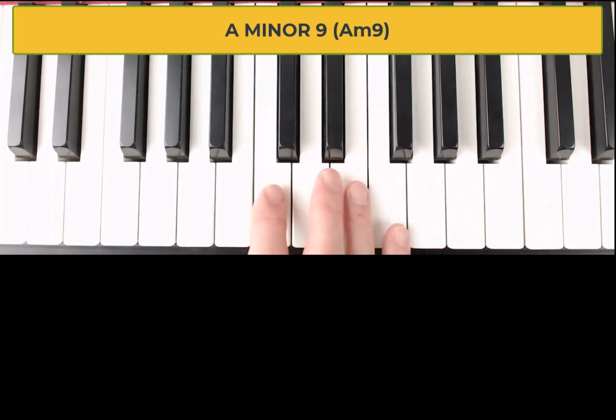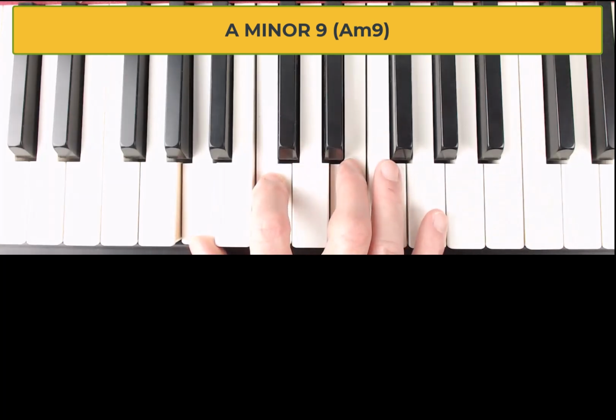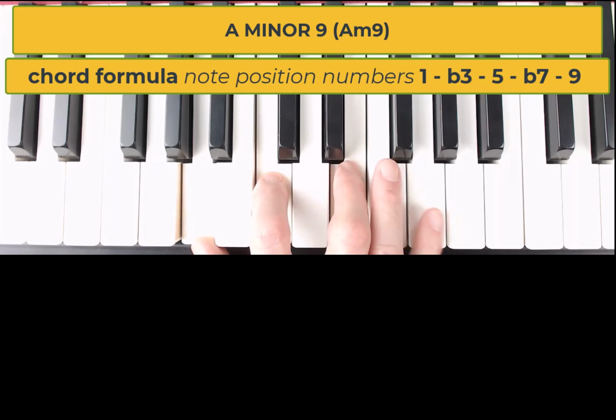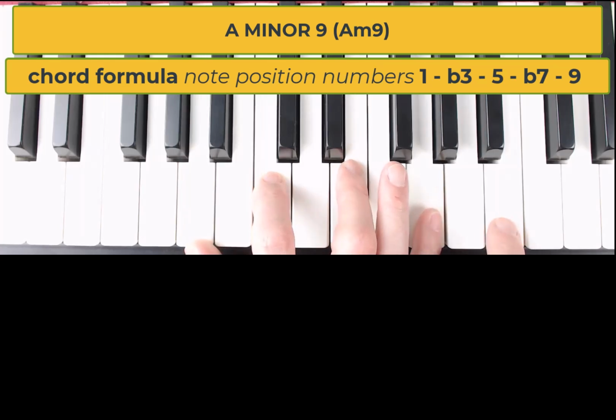If we took an A minor and we are dealing with the 9th, which we know to be a dominant 9th because it doesn't say major 9th, the chord formula in note position numbers is going to be 1, flat 3, 5, and then the flat 7 note is the G note in this example, and then the 9th note is the B.